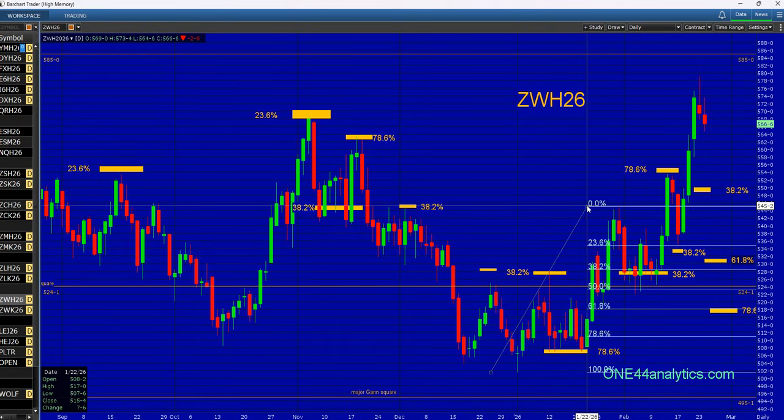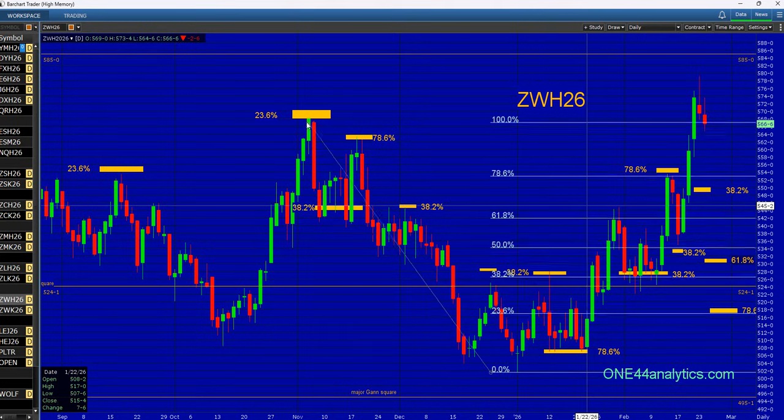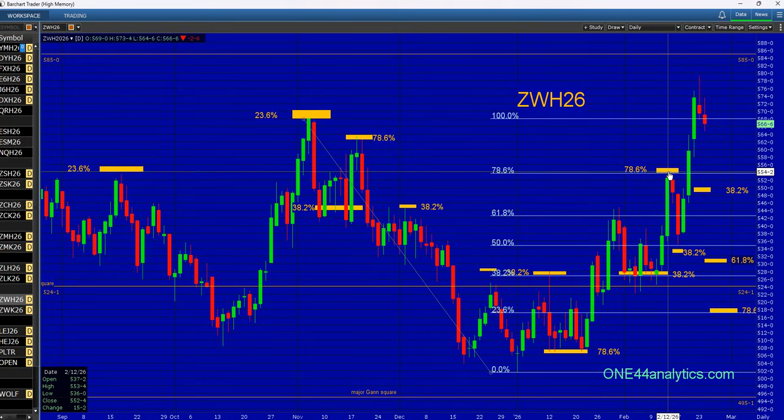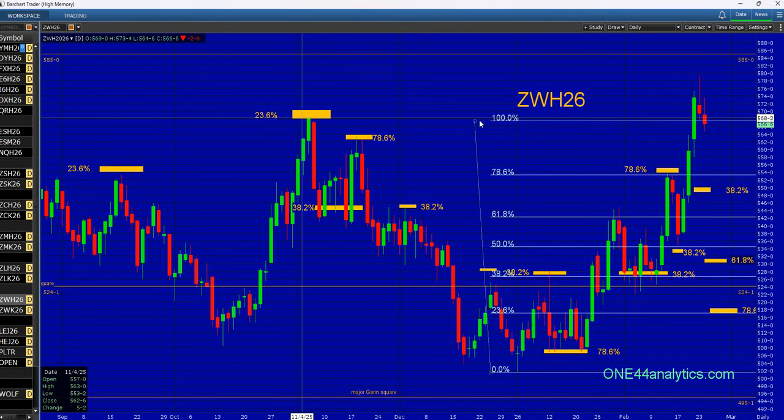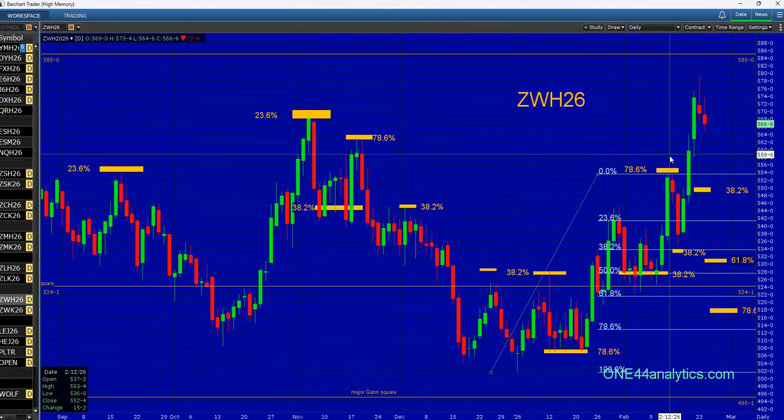So here we have now what's a target up on top here, but 78.6%. It hit 61.8 in here, and then went back and only could go to 78.6. It didn't go 61.8 the other way. Again, it held the trend, 38%. Now from this 78.6, we could see it go all the way 78.6 the other way.